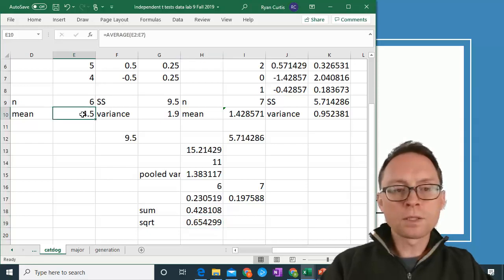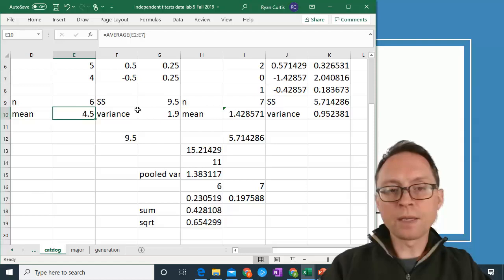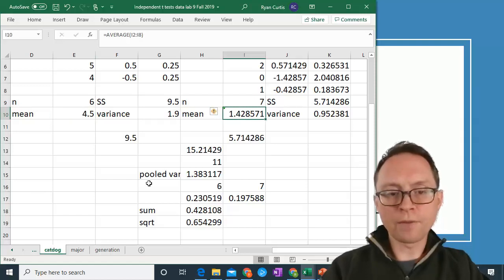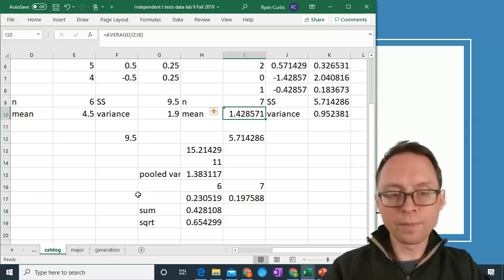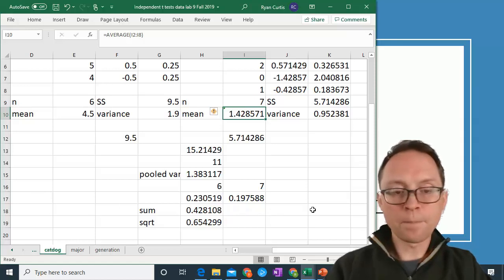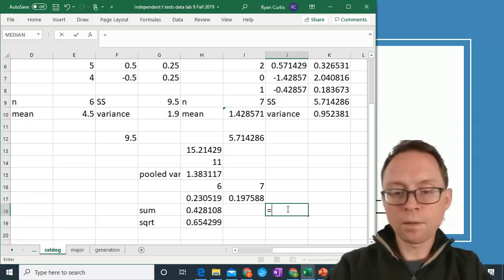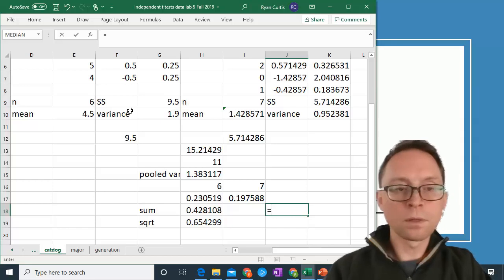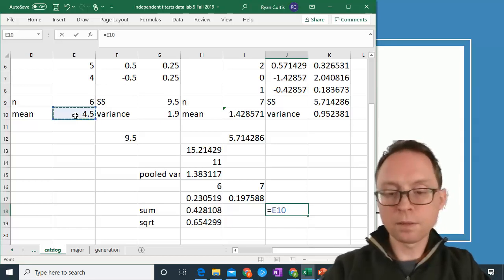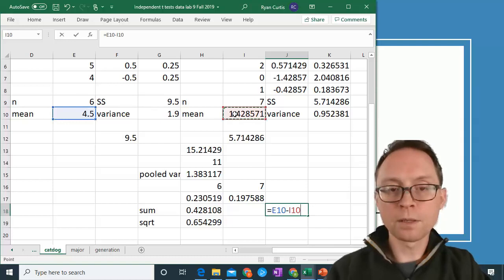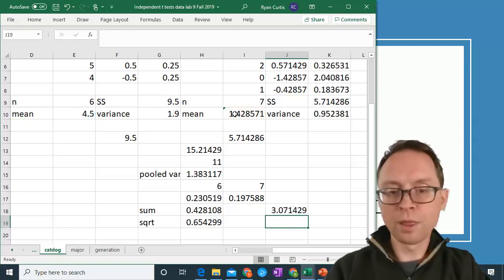X sub 1 is 4.5 minus x sub 2, which is 1.2485. So the numerator, x bar sub 1 minus x bar sub 2, is going to equal this, x bar sub 1, minus this, x bar sub 2.